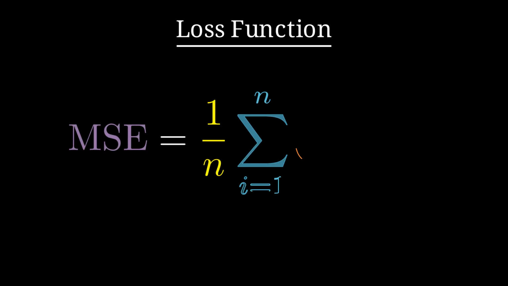This happens through backpropagation and gradient descent, guided by a loss function. The loss function is how we quantify how bad the reconstruction is. A common choice is the mean squared error. This measures the average squared difference between original and reconstructed pixels.